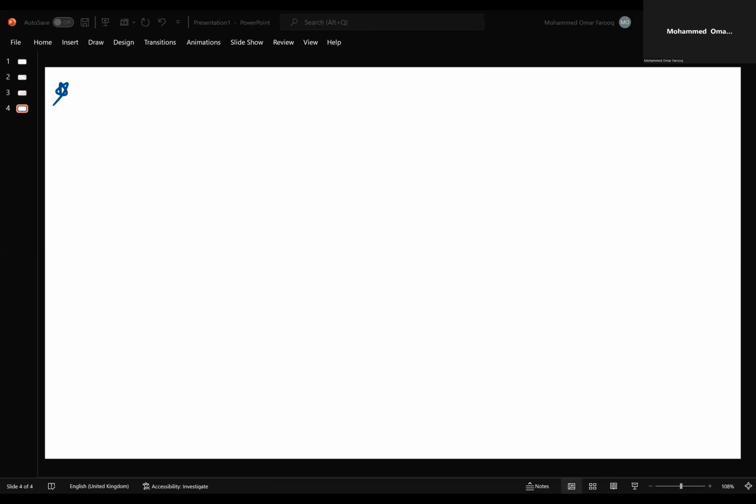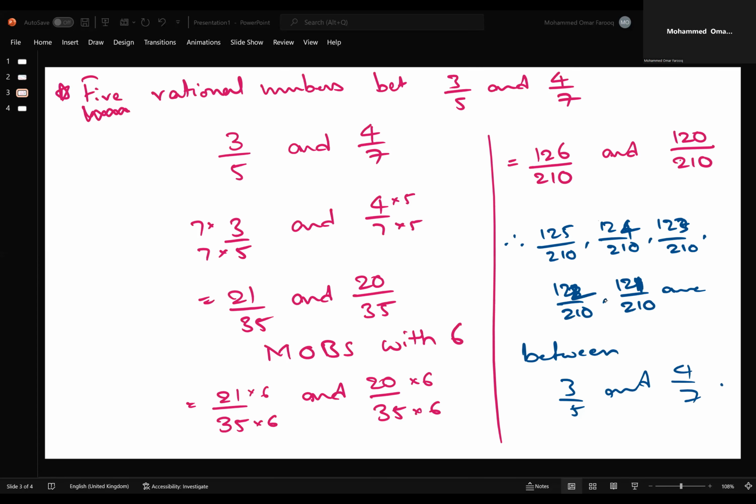I multiplied by 6 because, see, in the previous one, what do you have? 21 by 35 and 20 by 35. Can I find any rational number between them with the same denominator? No. That is the reason I multiplied with 6.